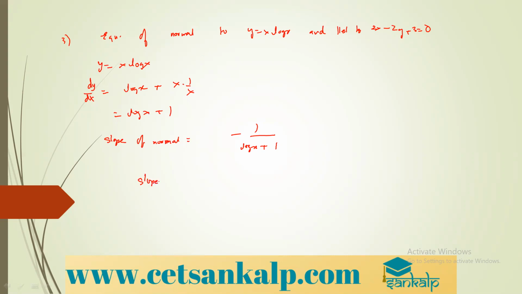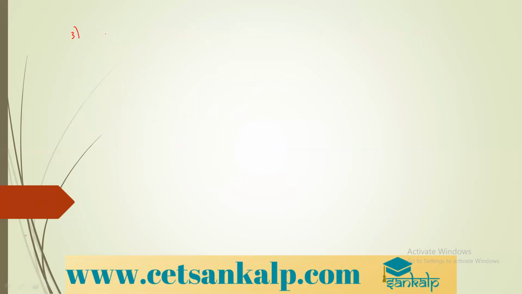Slope of the given line 2x minus 2y plus 3 equal to 0 is 1. So these two must be equal. Slope of this line, which is parallel to the normal, is 1. Slope is 1. So we can set them equal.